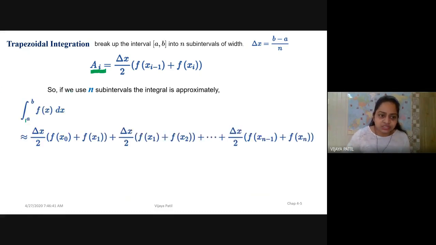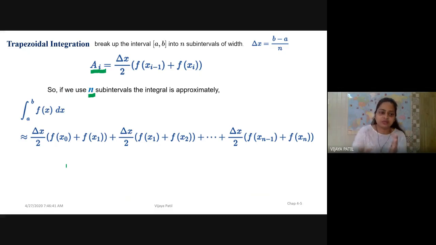So integration a to b f of x dx is equal to delta x by 2 into f of x0 plus f of x1, plus delta x by 2 into f of x1 plus f of x2, and so on. If I have n different subintervals here, I'm going to get this. Now if you observe, a few points are clubbing together.